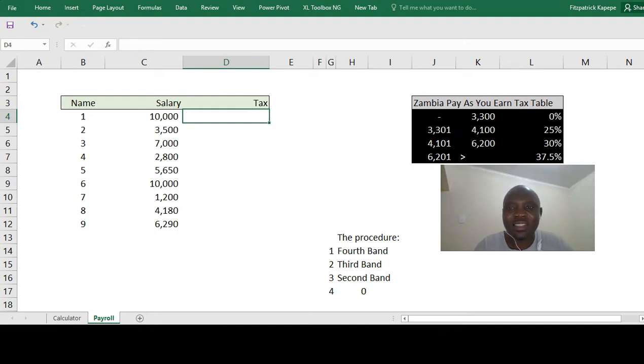To start with, I've already defined these in the name box: fourth, third, second, P second, percentage second, P third, percentage third, and P fourth, percentage fourth. So now we start from this side. We'll say equals IF.